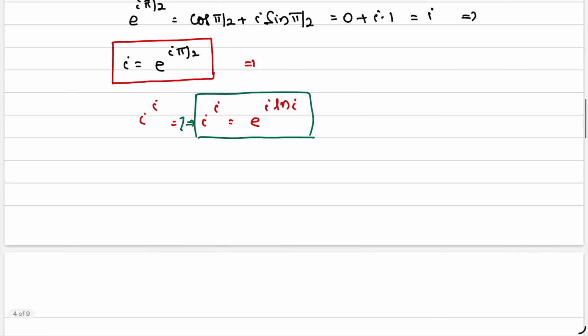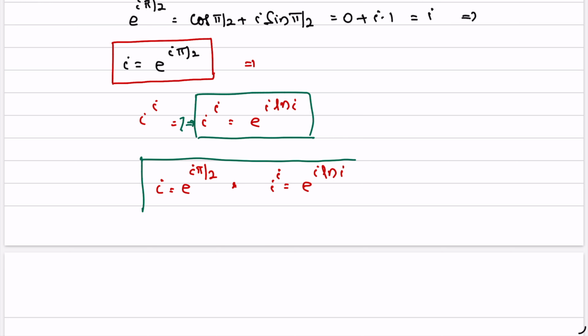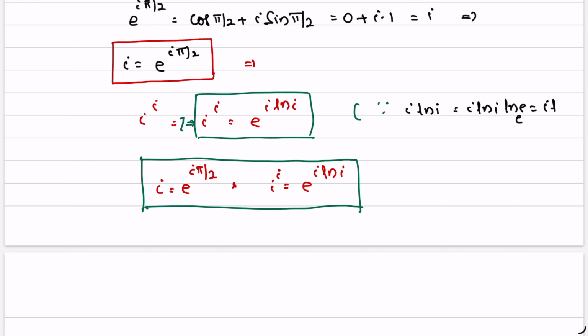Two identities. One is the logarithmic identity, a very important identity we have defined here. i is equal to e to the power of i pi by 2 and i to the power of i is equal to e to the power of i ln i. These two are very, very important identities because if you take logarithm on both sides, i ln i on the left hand side, ln e to the base e, that is equal to i ln i.